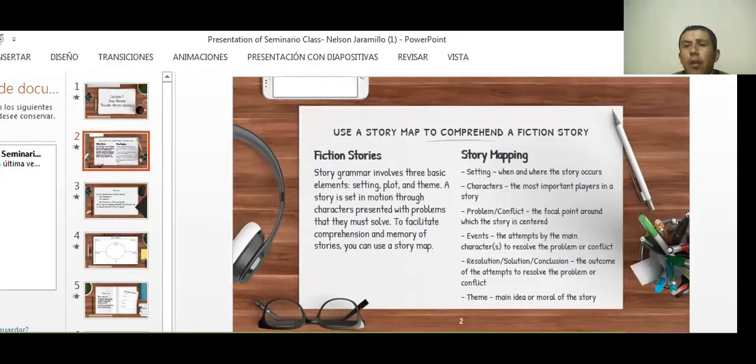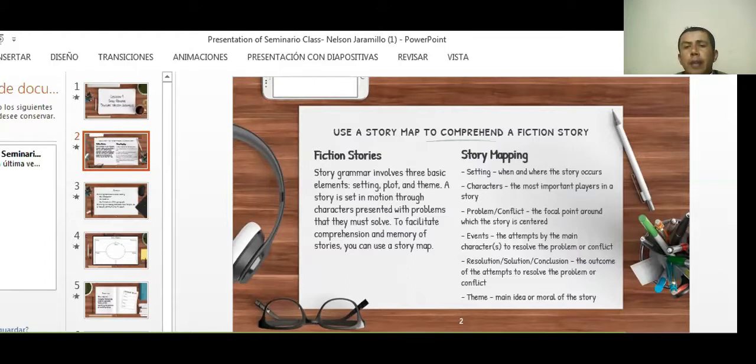Basically, fiction is fabricated and based on the author's imagination. Short stories, novels, myths, legends, and fairy tales are all considered fiction.